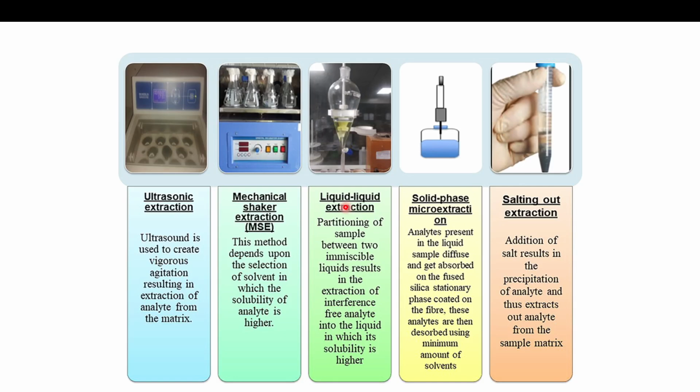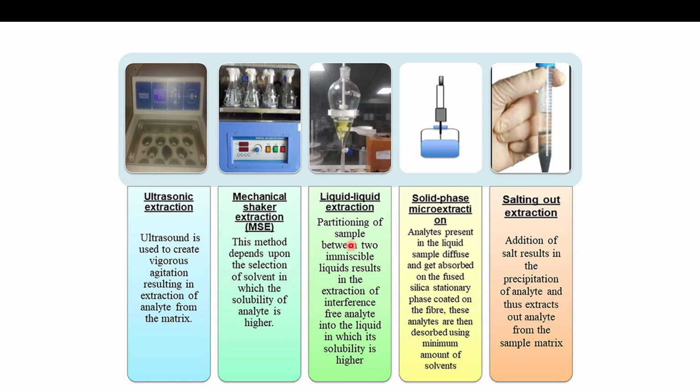There can be liquid extraction as well, wherein you partition the sample between two immiscible liquids. What happens is, your sample of interest is more miscible in a particular solvent as compared to the other solvent, and those two solvents are immiscible. What was happening in the case of phenol-chloroform extraction?